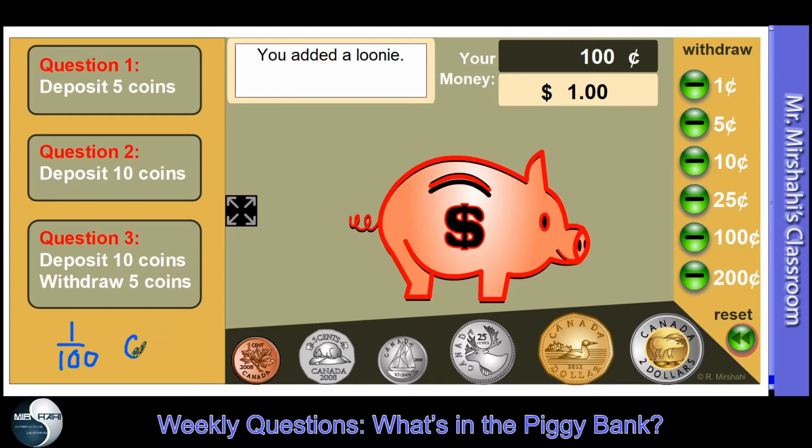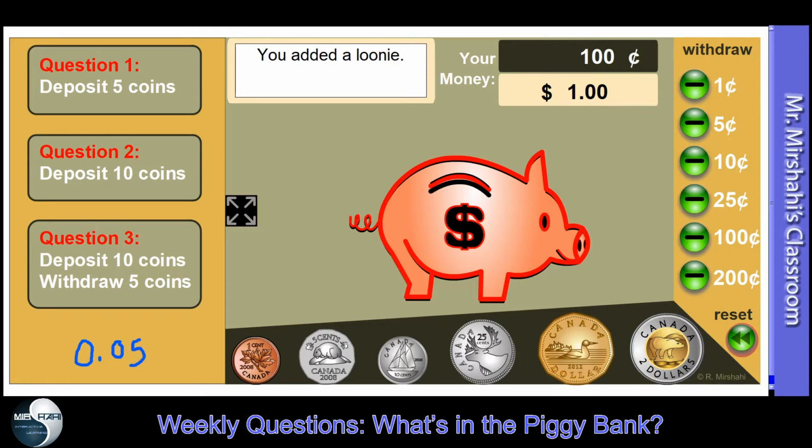We could also write it like this: 0.01. That is 1 out of 100. Now, the value of a nickel is 5/100, or 5/100th. Or we could also write it as a decimal number, 0.05.